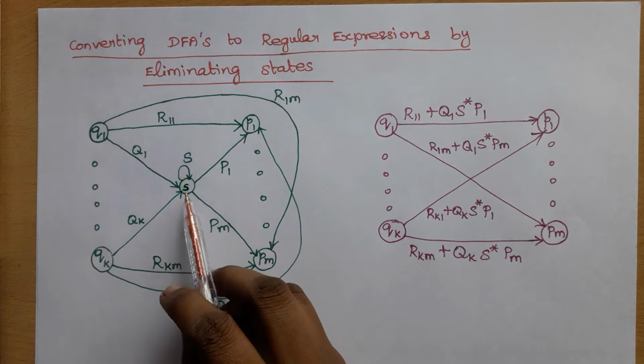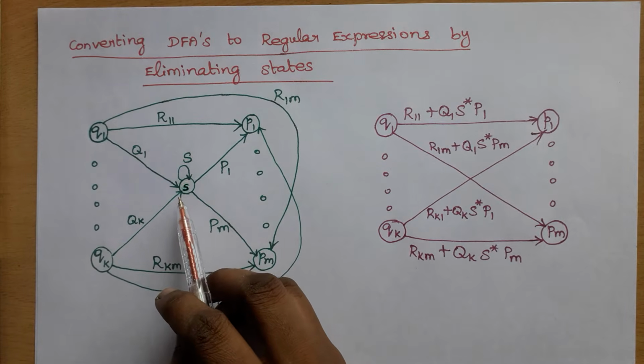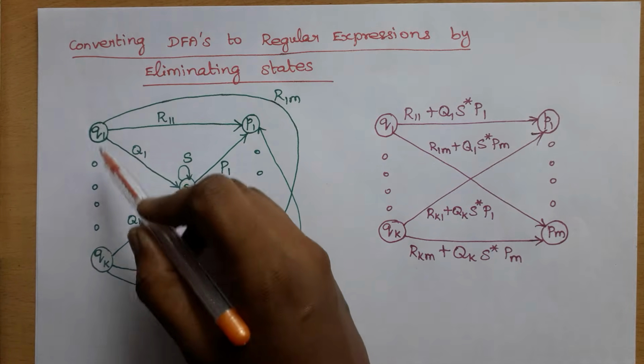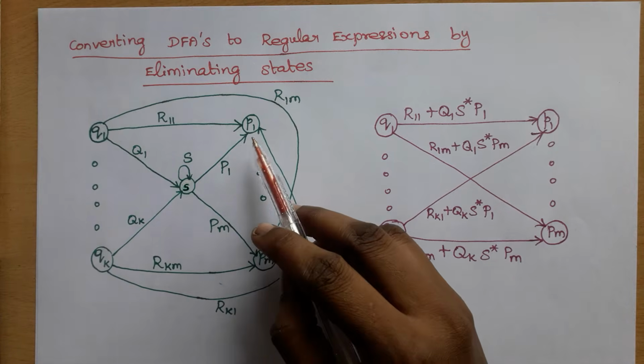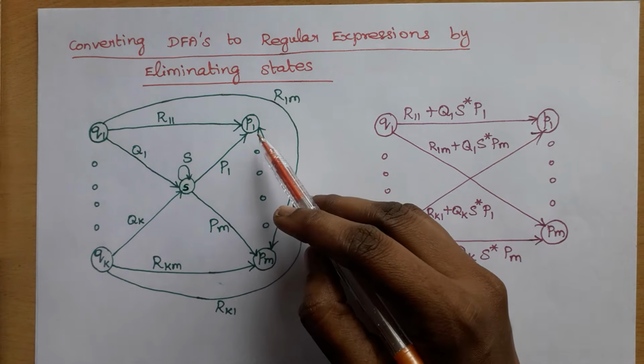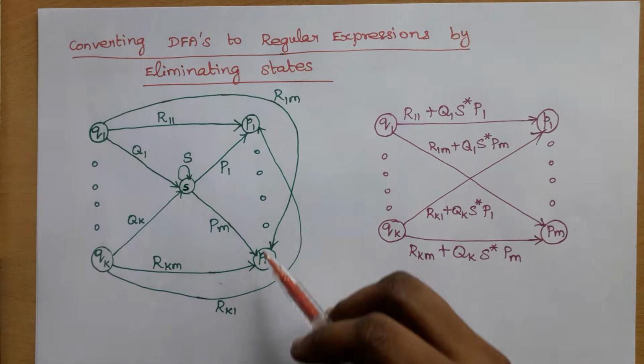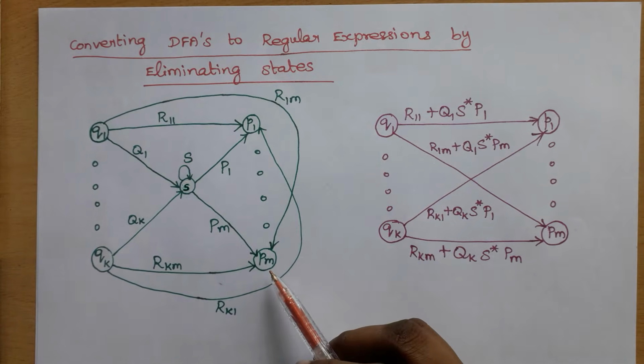If we want to eliminate state S, here the state S has k predecessor states q1, q2, up to qk, and let us assume that state S has m successor states p1, p2, up to pm.